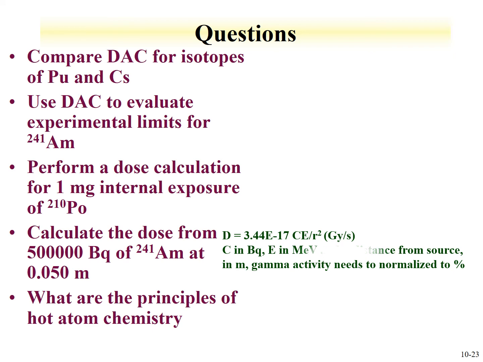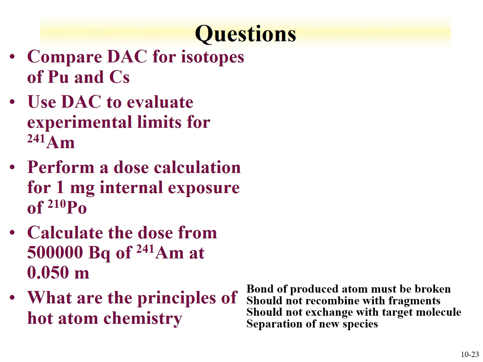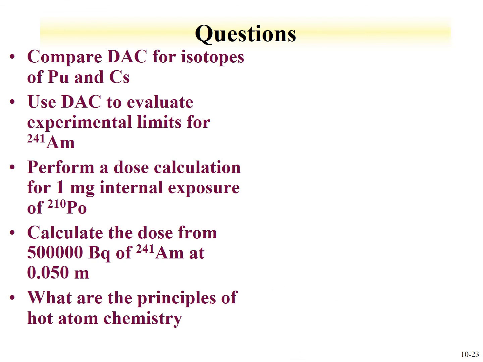And finally, when we discussed hot atom chemistry, what are some of the principles of hot atom chemistry? When one uses a nuclear reaction for bond breaking to try to do separations for carrier-free isotopes. Well, one, when the nuclear reaction occurs on the molecule, that atom that absorbed the nuclear component has a reaction product, for instance (n,gamma), and that new isotope that's produced should have its bond broken with the molecule that it was bound with.